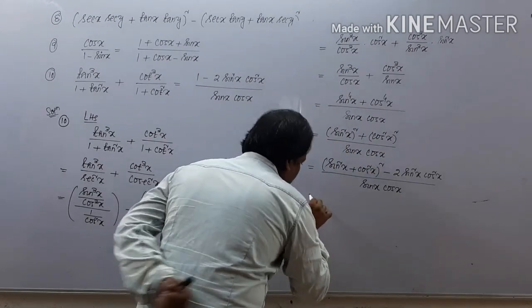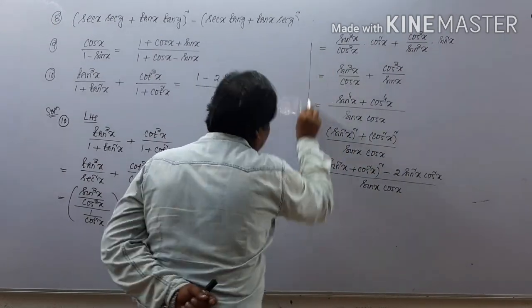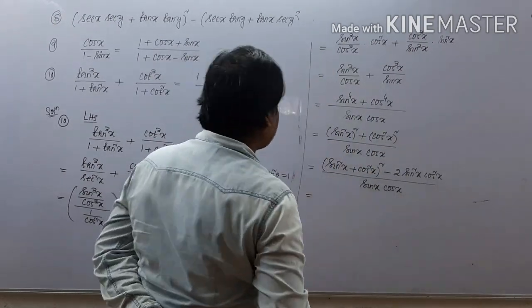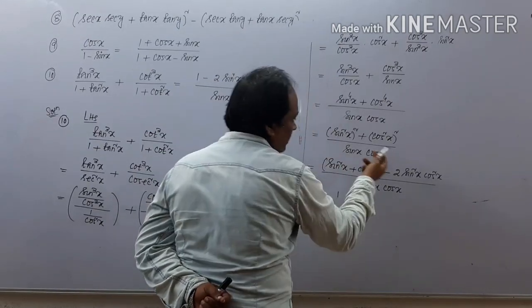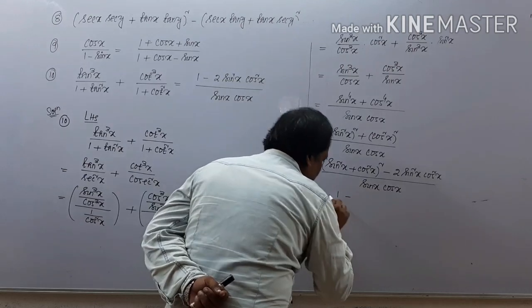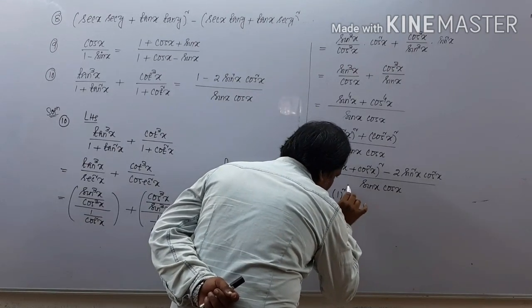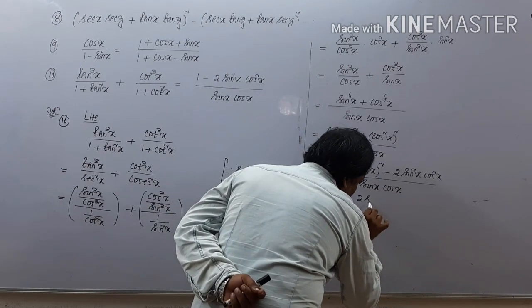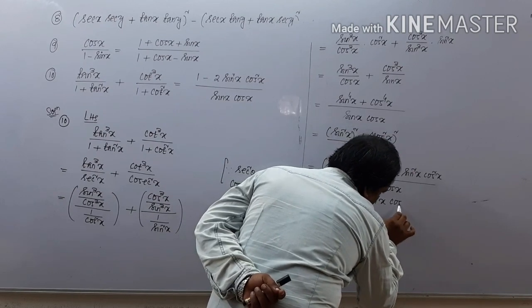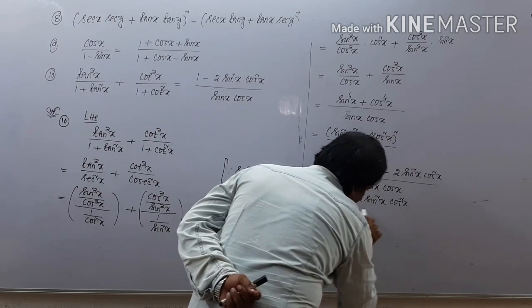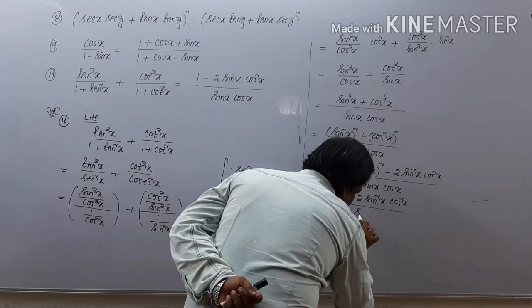So clearly we know the formula, sin square x plus cos square x is equal to how much? 1. So clearly this is 1. 1 square is equal to how much? 1 only. Otherwise you write 1 square minus 2 sin square x into cos square x divided by sin x into cos x.